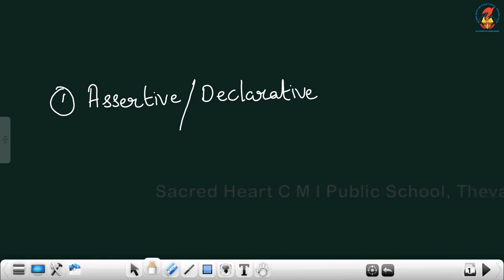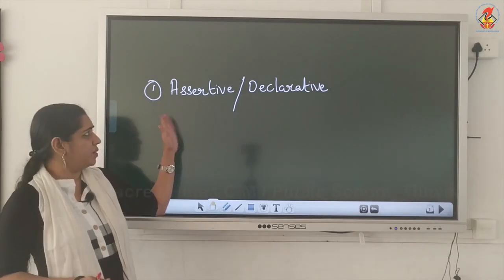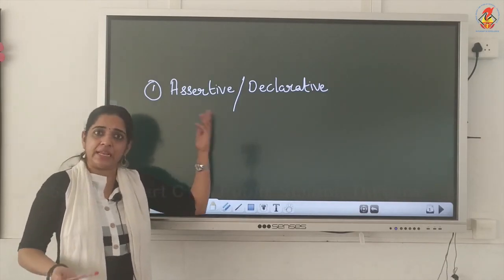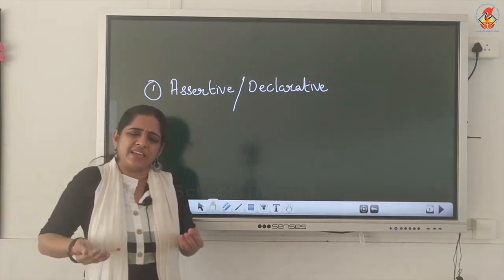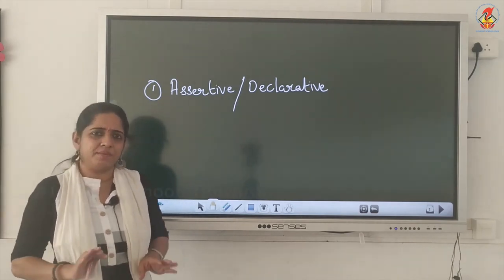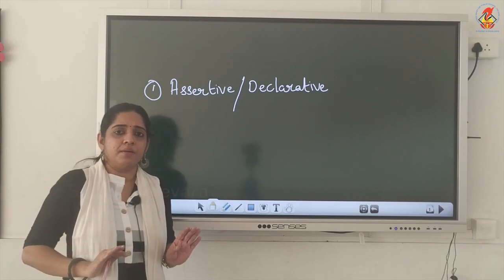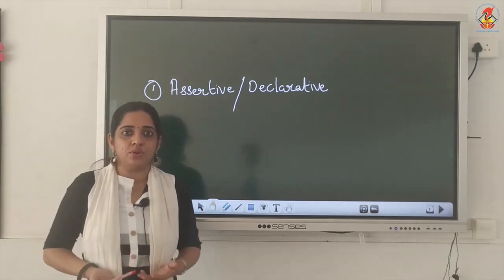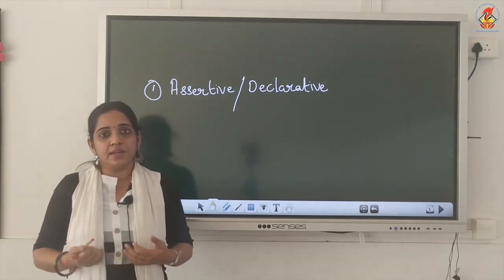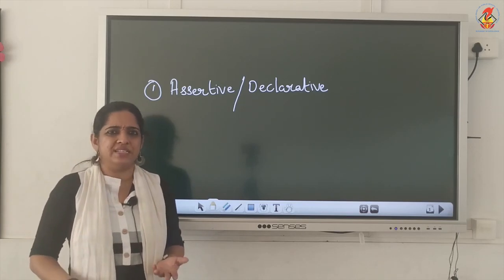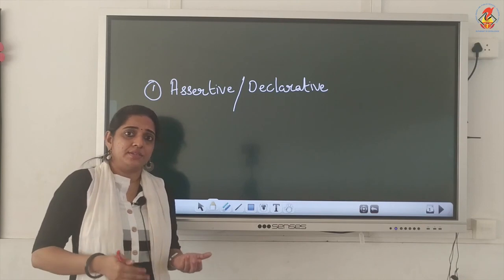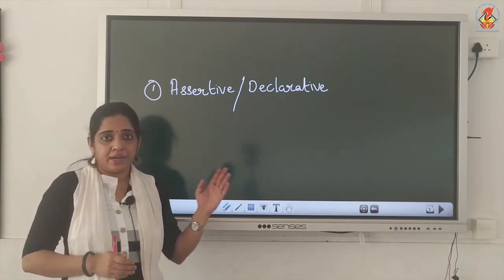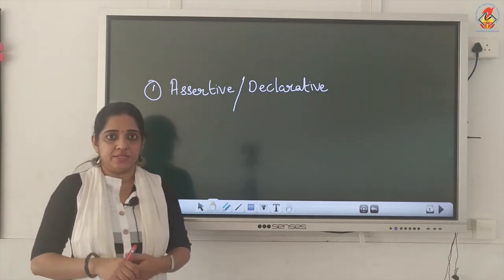Assertive or declarative, just like the word says, means a casual sentence which says something. For example, I love to go to school. That is a casual, normal sentence, a sentence which says something. A sentence which says something is called a declarative or assertive sentence.